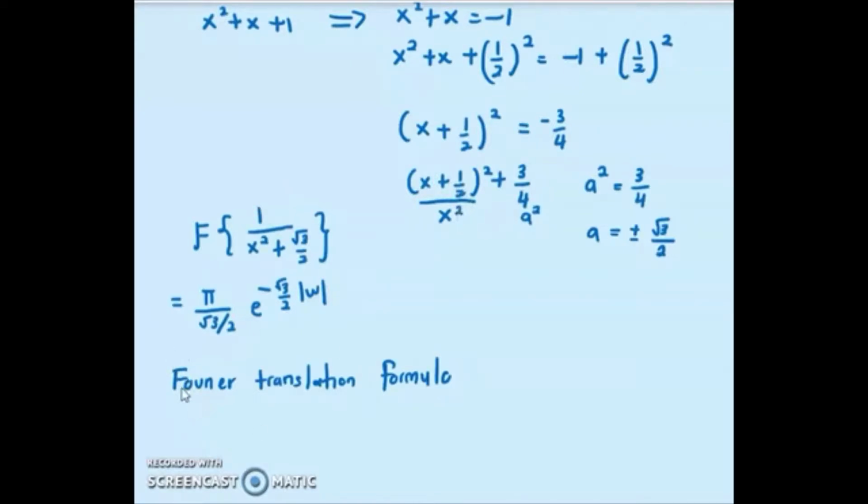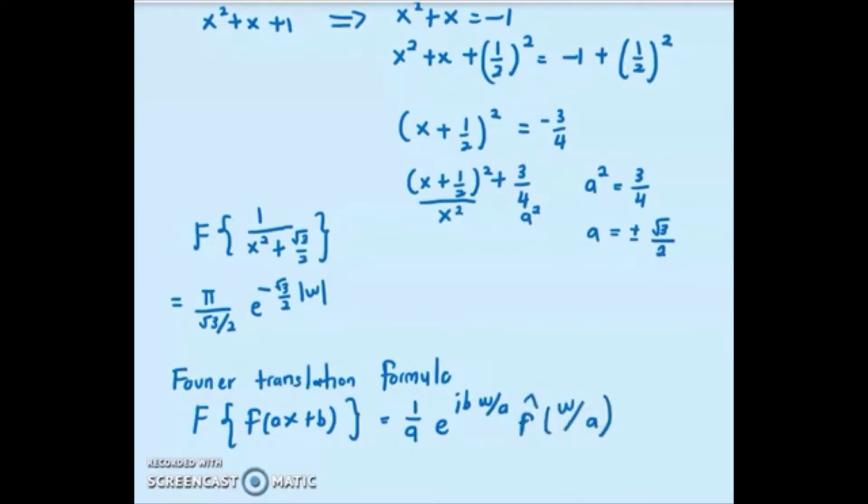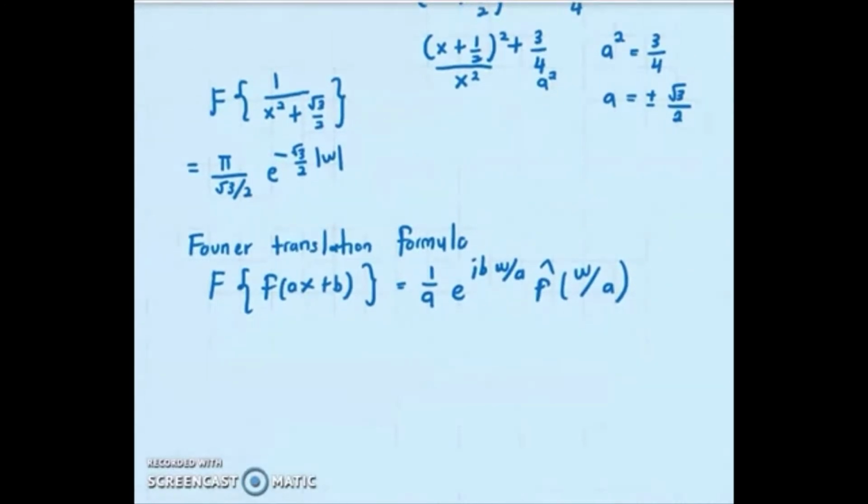Okay, so what you do here, we know the Fourier transform of f(ax + b) is given by 1 over a, e to the i b omega over a, f hat of omega over a. Now what we want to find is the Fourier transform of f(x + half).